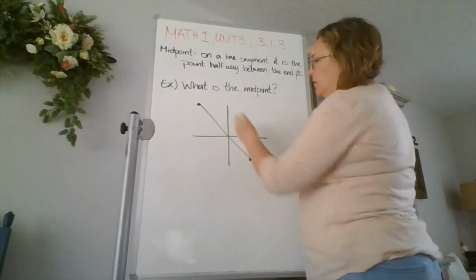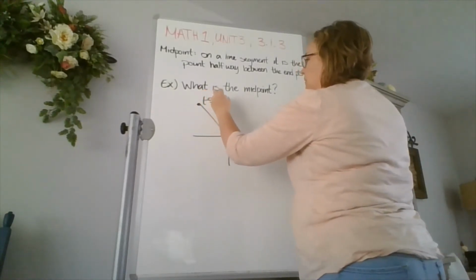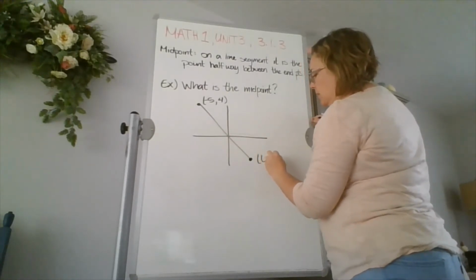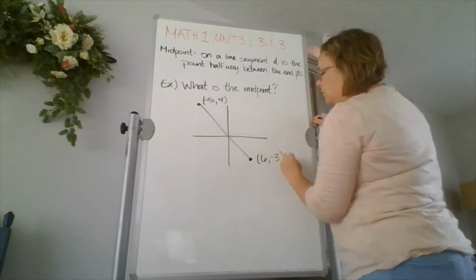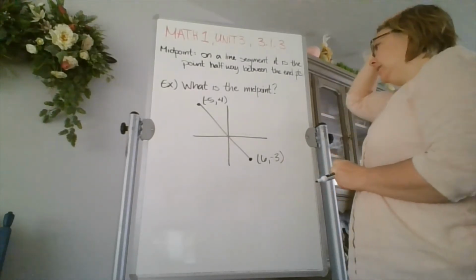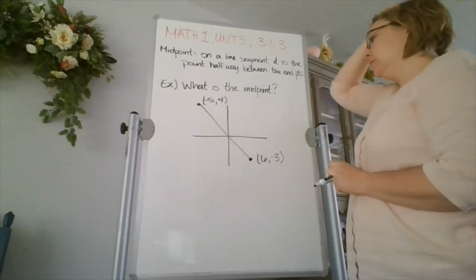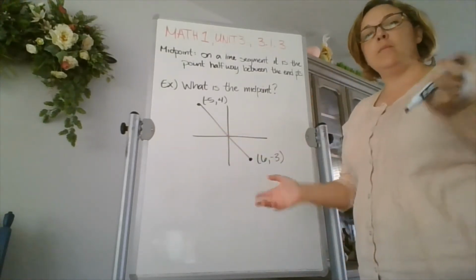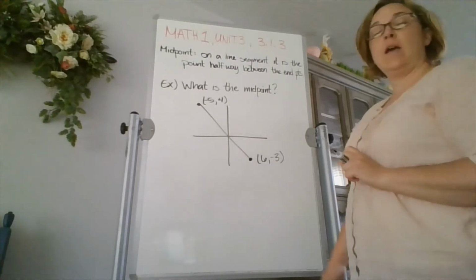I do not promise that this is drawn to scale. -5, 4 is one endpoint, and the other endpoint is 6, -3. Now we want to find the midpoint of this, and I'm not certain that I can count to the middle of it, because how do you count along a diagonal line? Maybe you can come up with a way. If so, then go ahead and count.